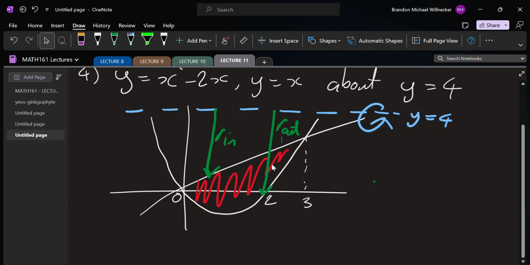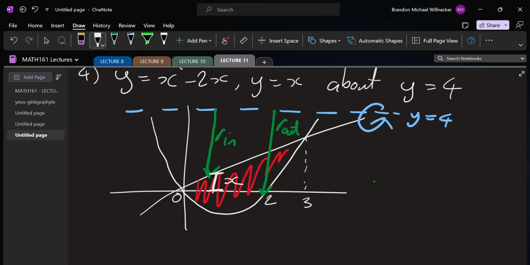So how do we measure what these distances should be? Well, we know the distance from the blue line to the x-axis must be 4. That's given. So the green distance for r in will then be 4 minus x, because this distance here is x. Why?